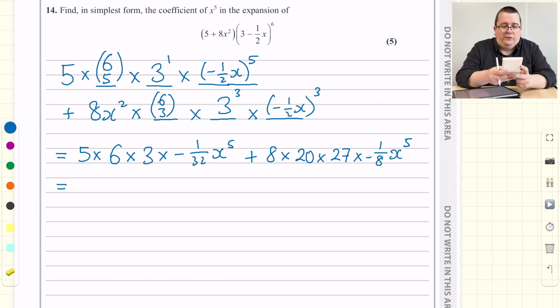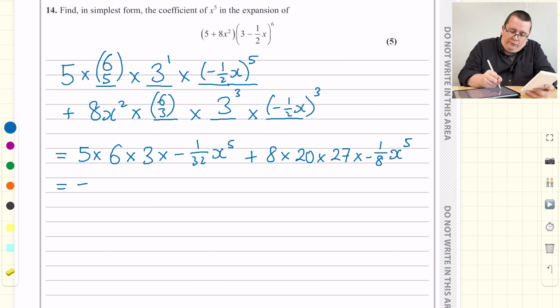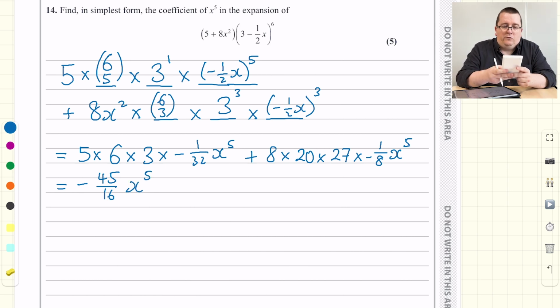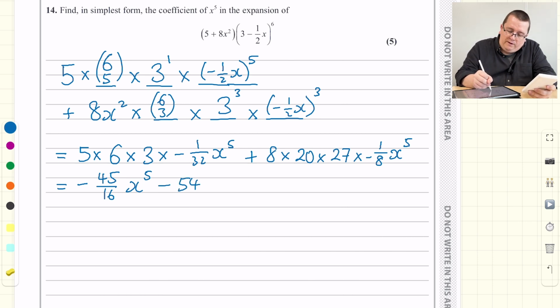Okay, so we have 5 times 6 times 3, times minus 1 over 32, which is minus 45 over 16, x to the 5. And then we've got 8 times 20 times 27 times minus 1 over 8, which is minus 540, x to the 5.